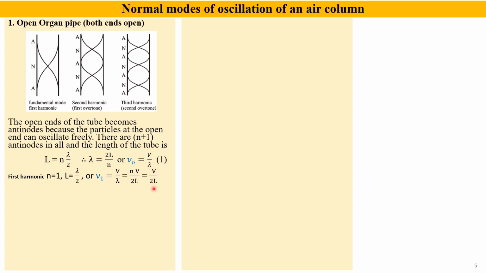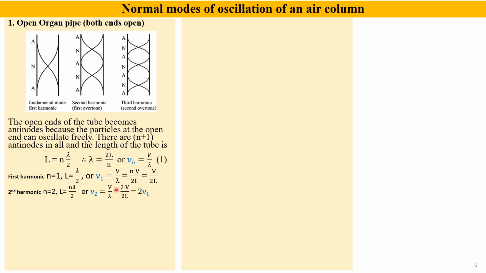Next we will find the second harmonic. The second harmonic is obtained by putting n is equal to 2 in equation 1. Therefore, L will be equal to 2 into lambda by 2, that is L is equal to lambda, and nu 2 will be equal to v by lambda.